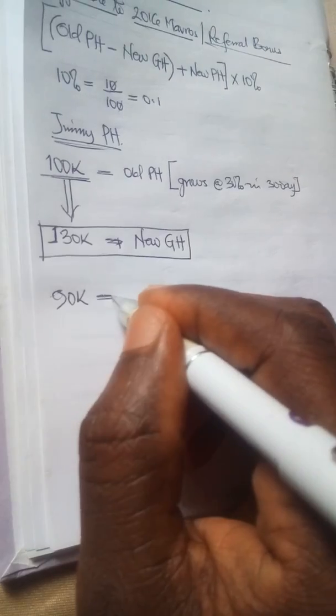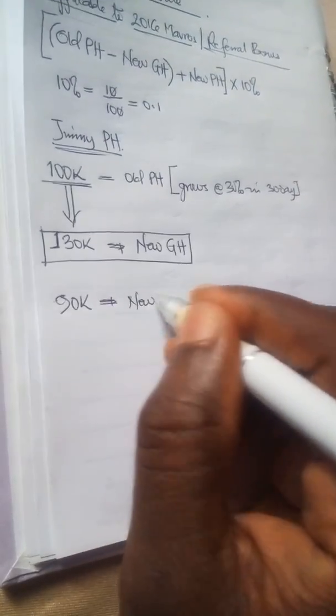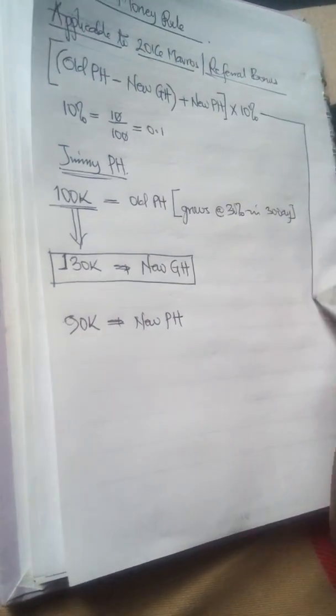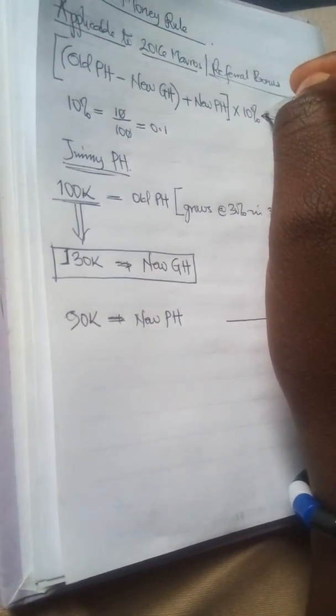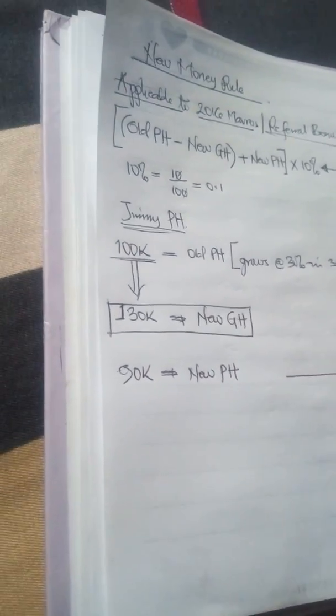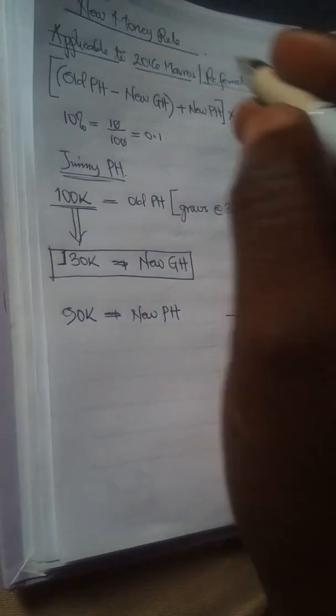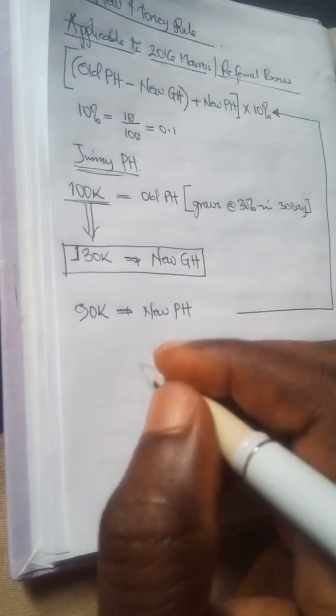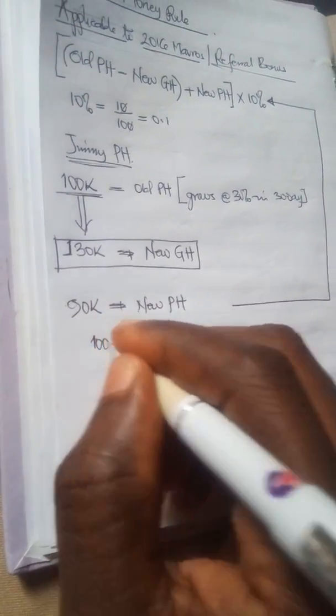That makes my 90K my new PH. Now going back to this formula, I want to call it the Marvel formula. Going back to this formula, my old PH is 100K.